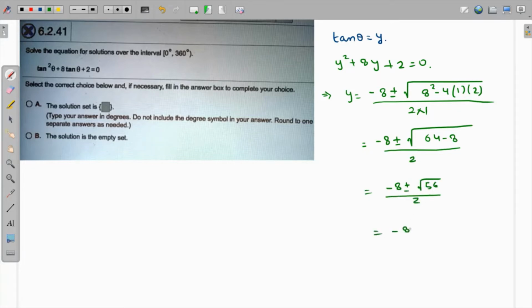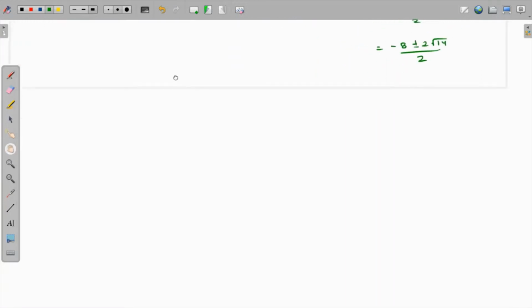So that's negative 8 plus minus, 56 can be written as 4 times 14, over 2. Root of 4 is 2, so that's 2 root 14 over 2. This means that one of the 2s will be cancelled. So 2 times 4 is 8, and this will be plus minus root 14.